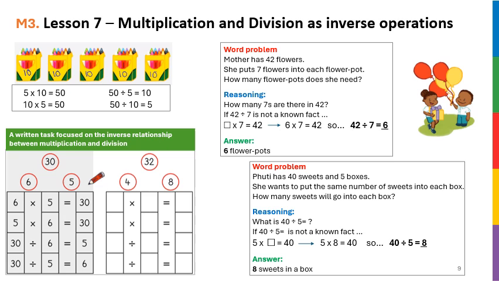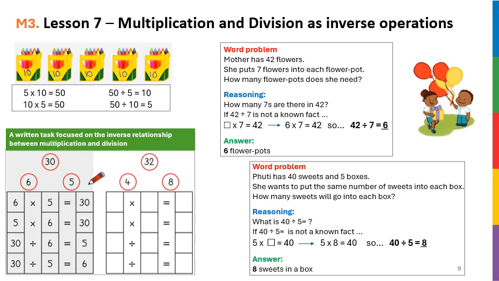In the gray block, so the gray block will always be the worked example. We see 3 numbers circled, 6, 30 and 5. These 3 numbers make up the number family. From this, we can write 2 linked multiplication number sentences and 2 linked division number sentences.